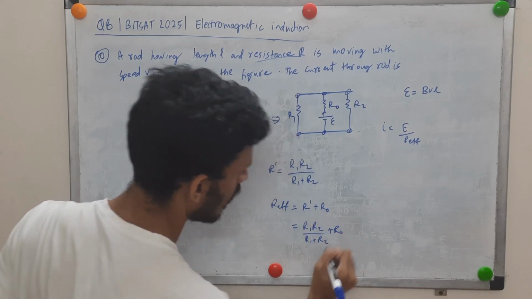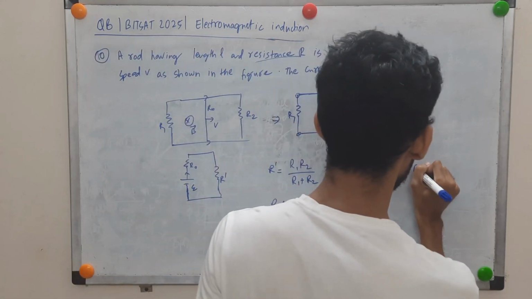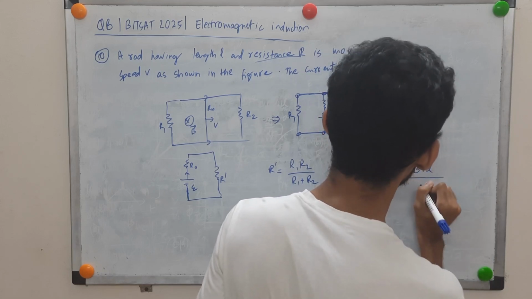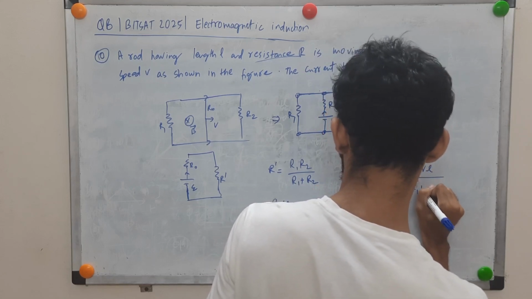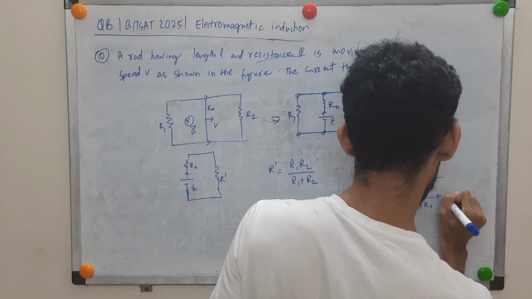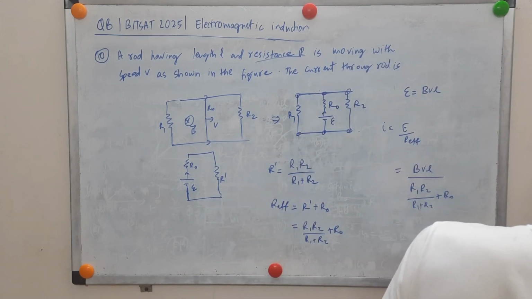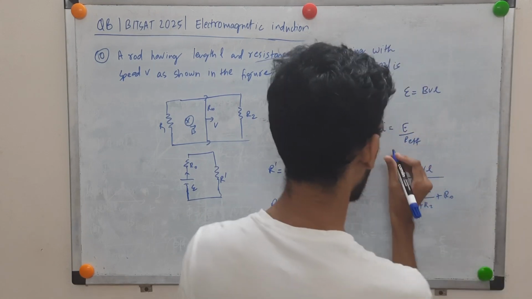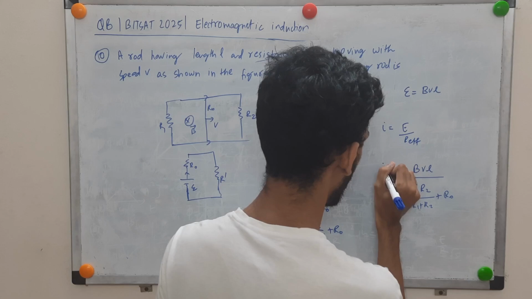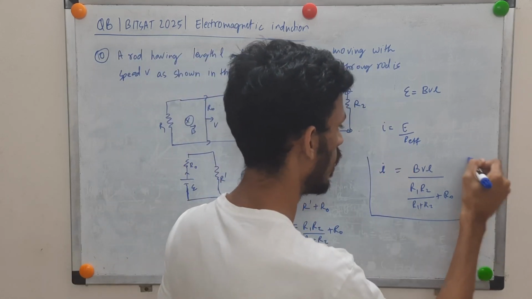So EMF is BVL, and this here will have R1 R2 upon R1 plus R2 plus R0. Let me check, is it in the same way? Yes, it is. No modifications done to the options. This is the very option that you will arrive at.